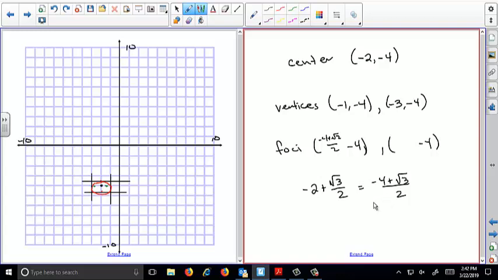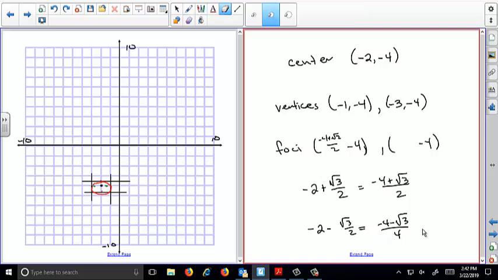And then this other point would be -2 minus the square root of 3/2, which would be -4 minus the square root of 3/2, sorry. So they look very similar. It's -4 plus or minus the square root of 3, over 2. So we get -4 minus the square root of 3 all over 2.